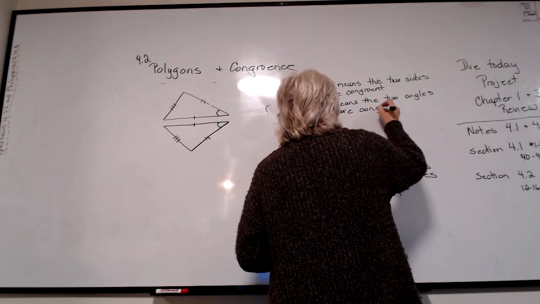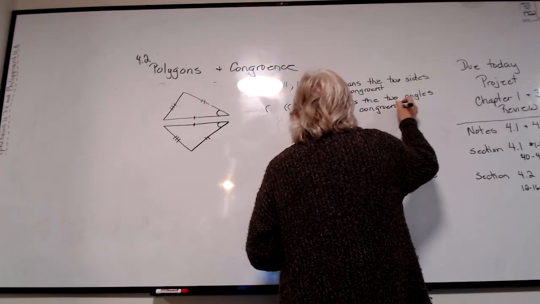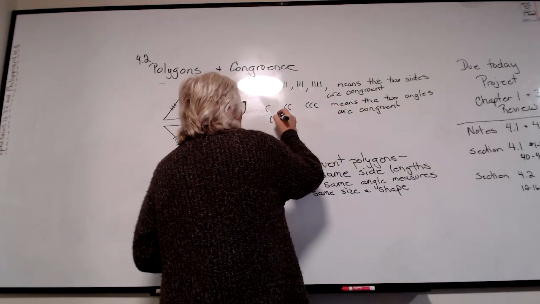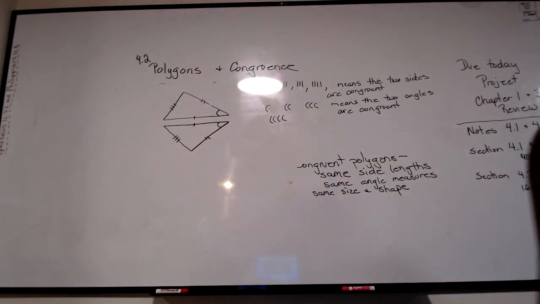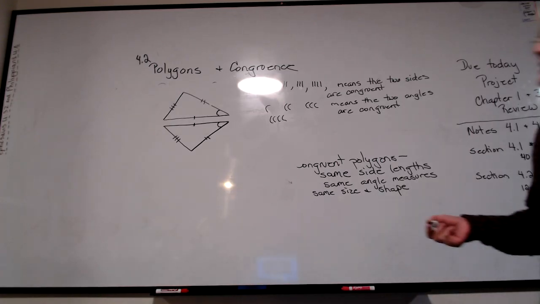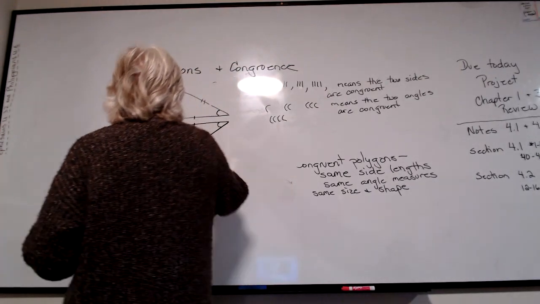And again, you could use 4, okay? A lot of times when we get above 4, it starts to be very cumbersome to write. A lot of times we will number the angles instead and say that angle 1 and angle 2 have the same measure, okay? So sometimes we'll number them.